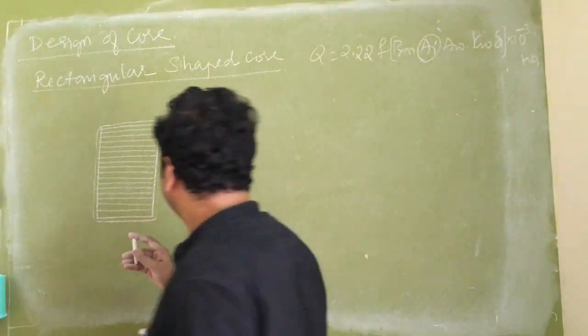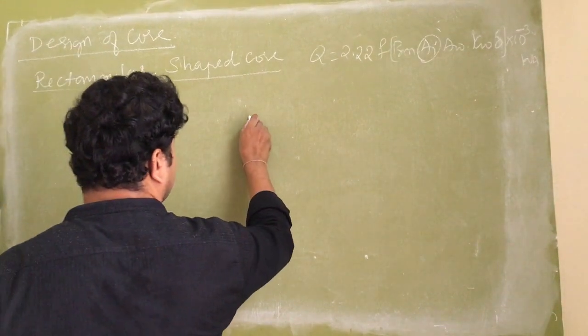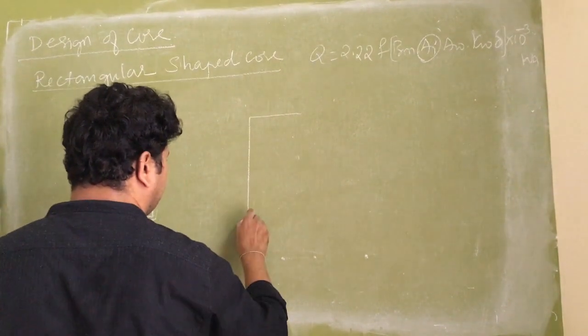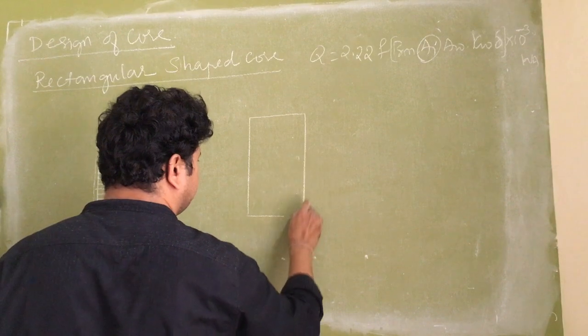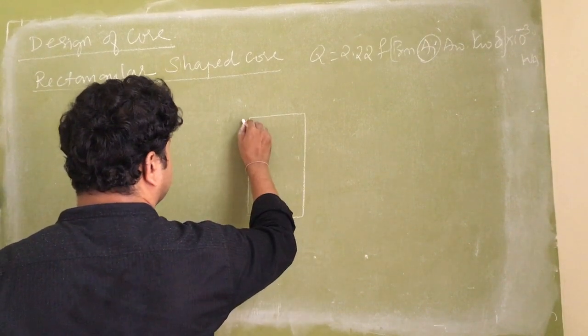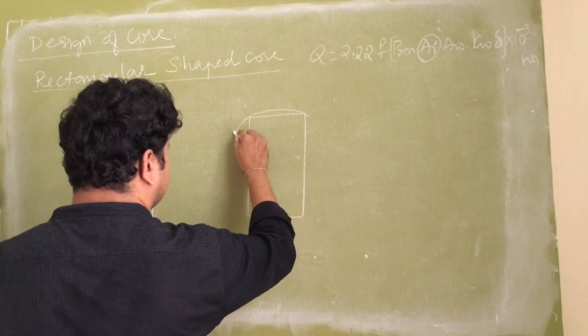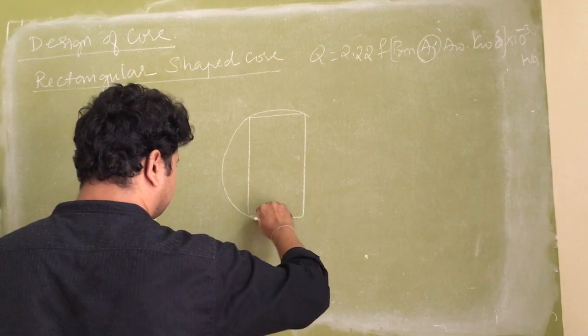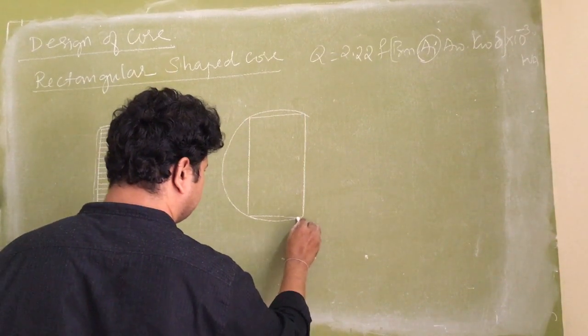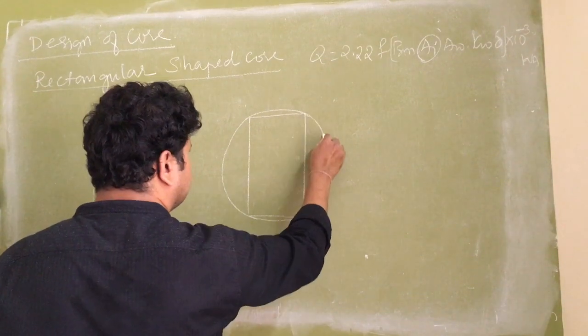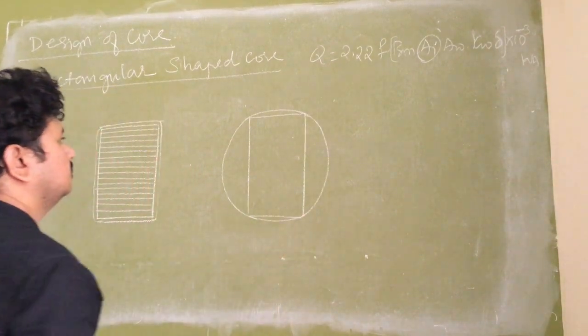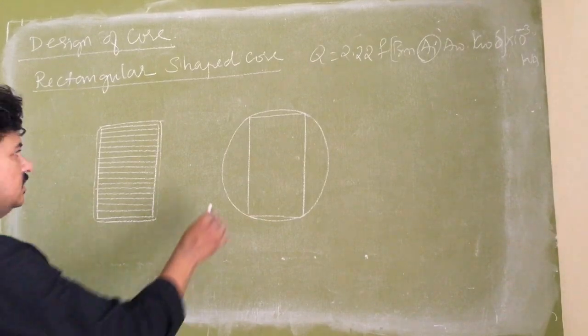Now if I take a circumscribing circle for this shape, what will be the circumcircle? So this is the core.